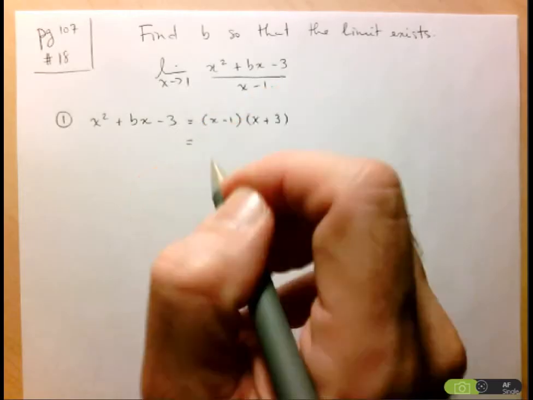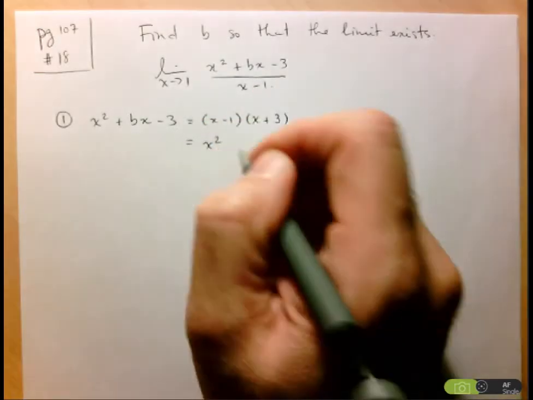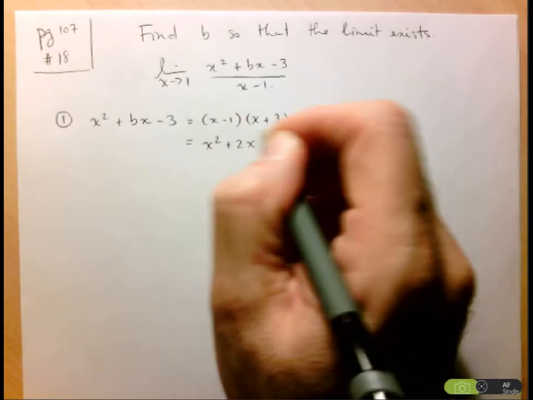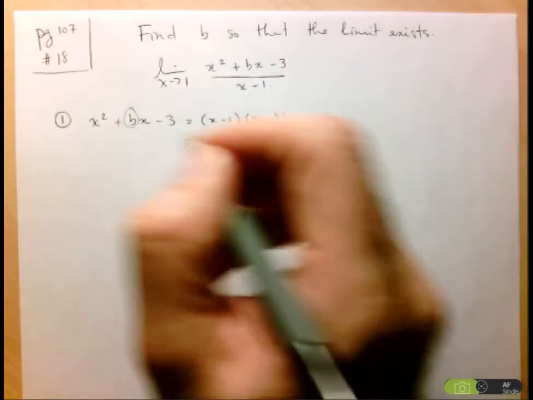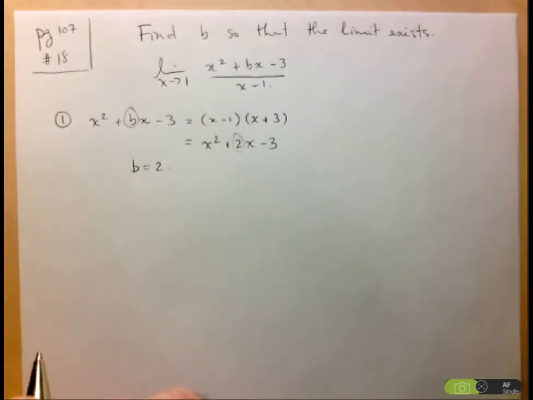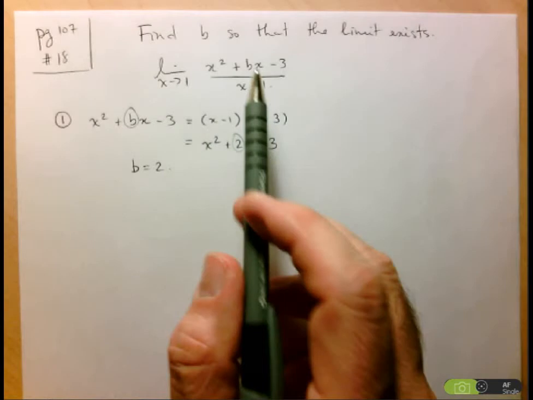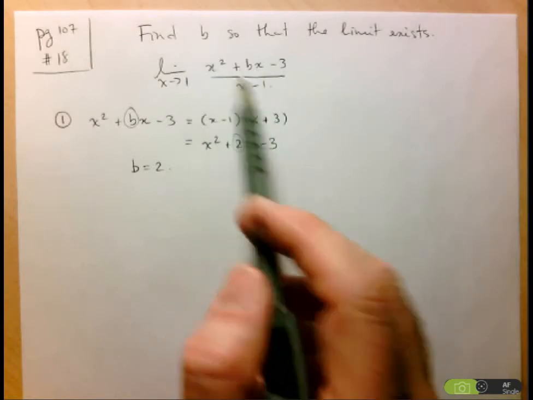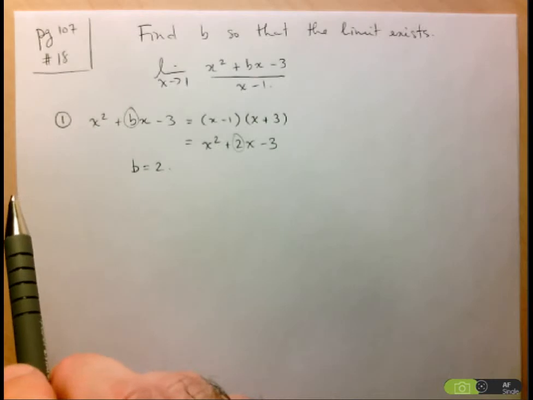When I multiply this out, I get x squared plus 3 minus 1, so plus 2x, and then minus 3. So if b is equal to 2, this expression is factorable with a factor of x minus 1, and I'll be able to cancel out that denominator and eliminate the problem.